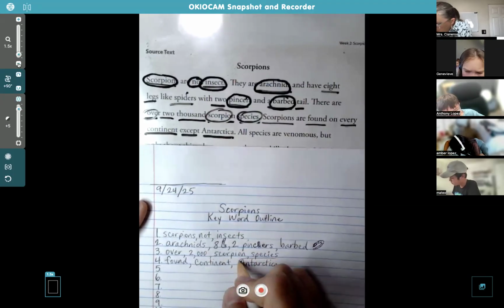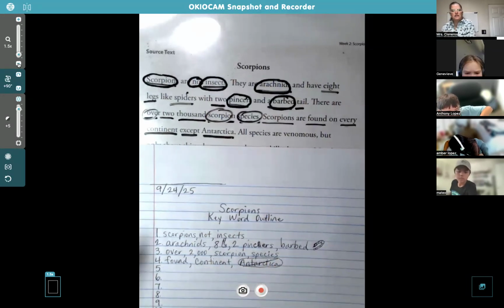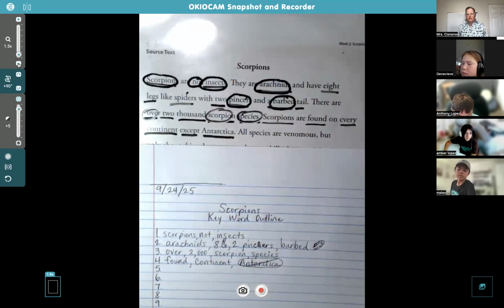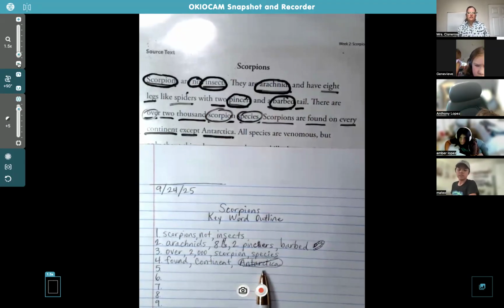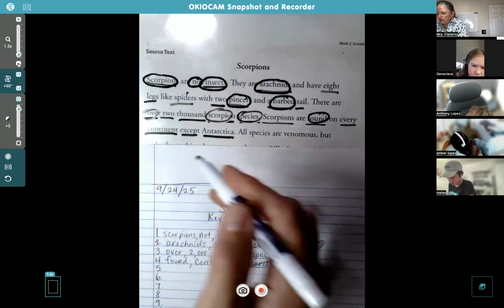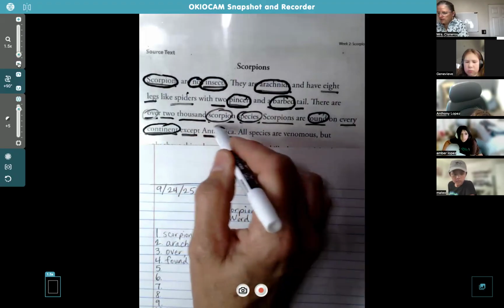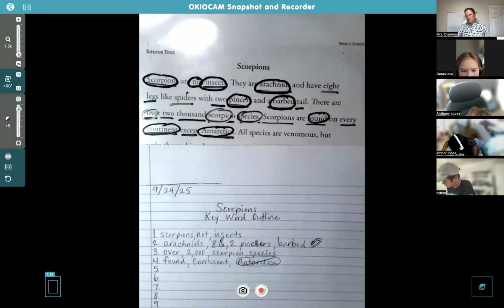Then circle it and put a line through it like that, and that means not Antarctica. So it's found on every continent except Antarctica. That's a way to do that. So I used found, continent, and then Antarctica.